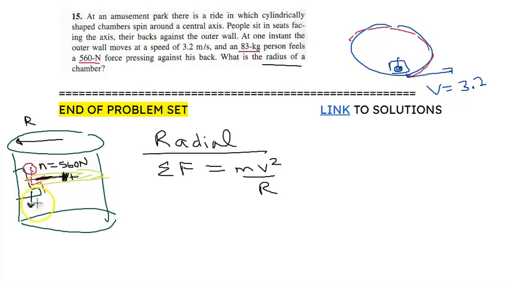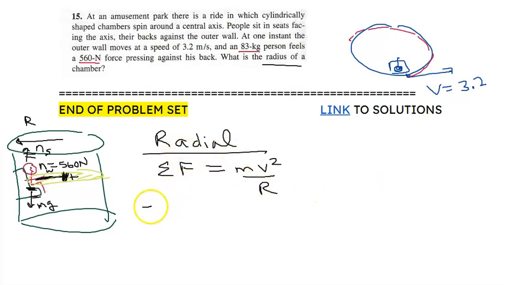They also have weight, and they're sitting in a chair so there is a normal from the seat. So there's actually two normals. I don't know if we want to call them N sub S for normal seat and N sub W for normal wall. So in the non-radial column, it's a boring problem. The normal force on their seat equals their weight.